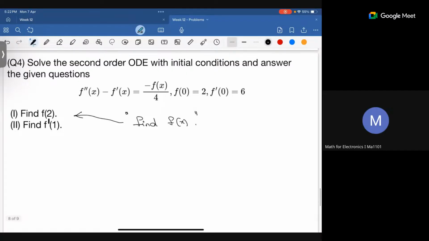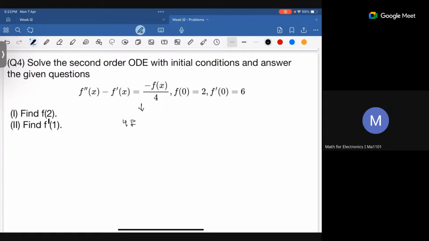Let's solve this. Okay. So this is a second order linear ODE. Not only that, it's a homogeneous case. Right. So firstly, you have to write this in our general form. So once we write that in the general form, we will get this.